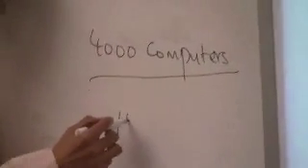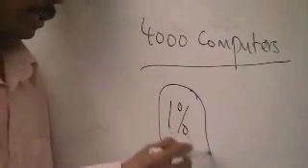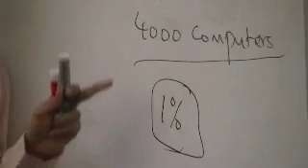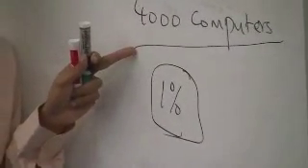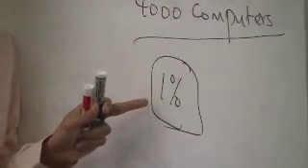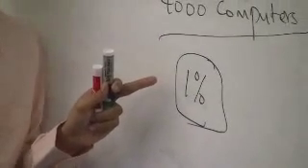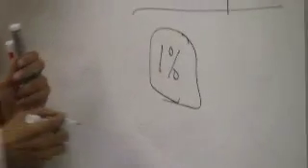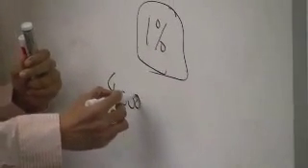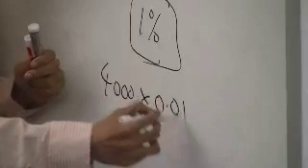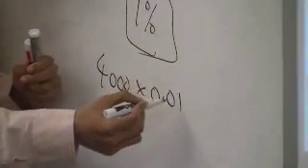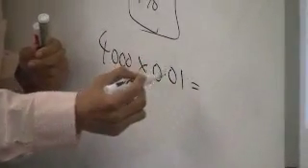Now, again, there is only a 1% probability of any computer being infected, right? So if you have a network of 4000 computers and this virus has only a 1% probability of infection, then out of those 4000, only 1%, which is 0.01, is infected.